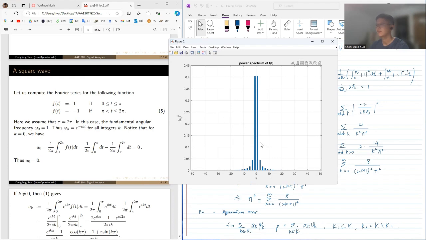You can see that for this square function, the sinusoidal components have higher power at lower frequencies. And you can see that the power of the sinusoidal components will decrease as the frequency increases.